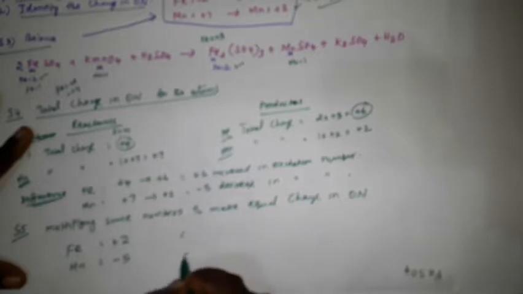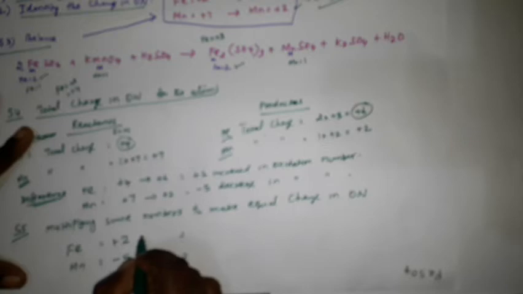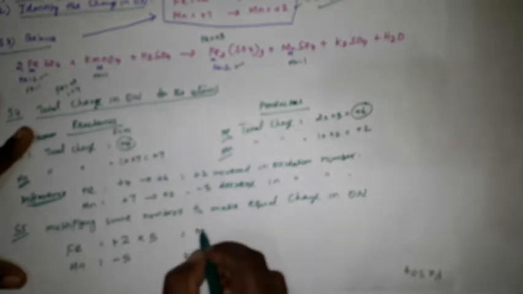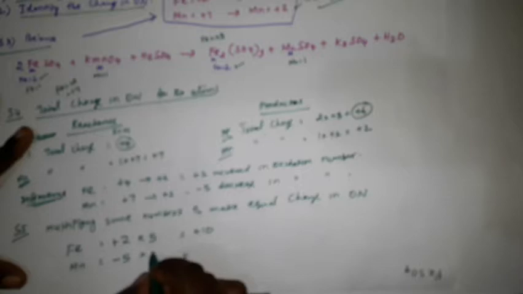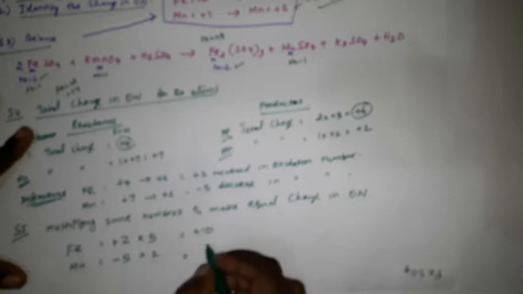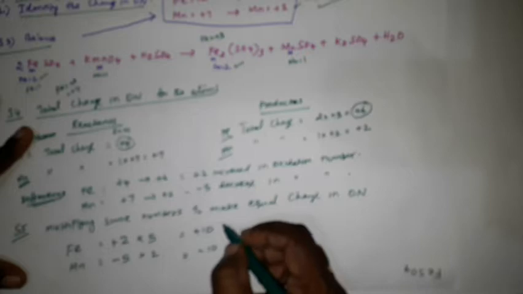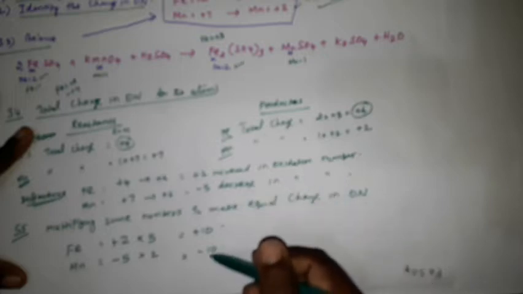See here, Fe equals plus 2 and manganese is minus 5. When we are going to make them equal, how can we make equal? By multiplying some numbers. So I am going to multiply by 5, here it will come plus 10. Here I am going to multiply by 2, so it will come minus 10. Now this and this are cancelled. So the total increase in oxidation number is equal to the total decrease in oxidation number.